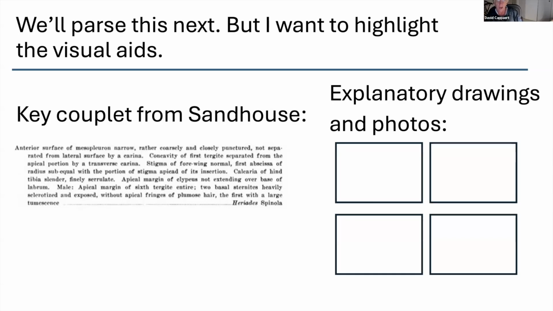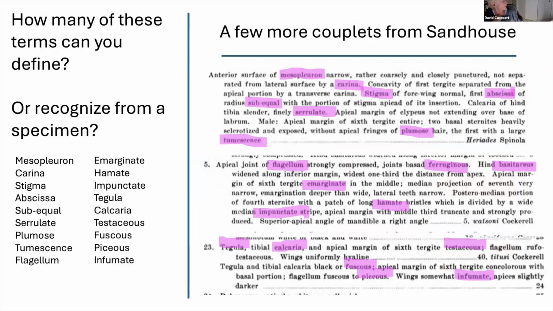So how am I supposed to figure out these terms without any reference? And so I took a few more couplets from the Sandhouse publication. And here's the words on the left that I thought, maybe some of these I would not have known what they mean. Most of them, I would guess if we had a test here amongst the audience, nobody would get all A's on this, I don't think.